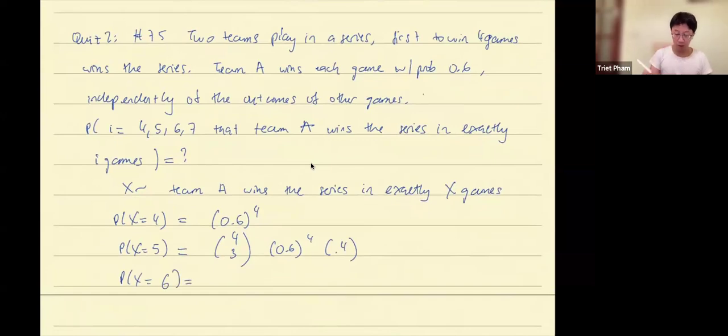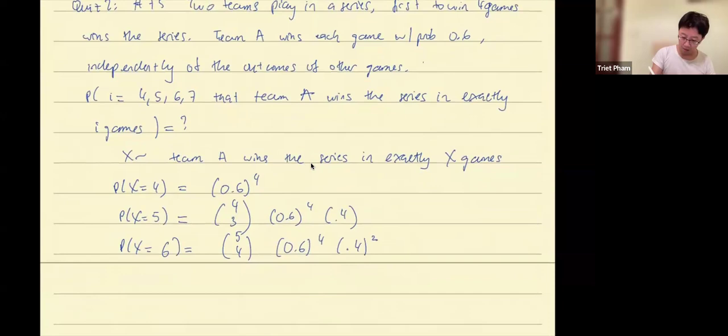For 6 it's going to be 5 choose 3, and for X equals 7, 6 choose 3.